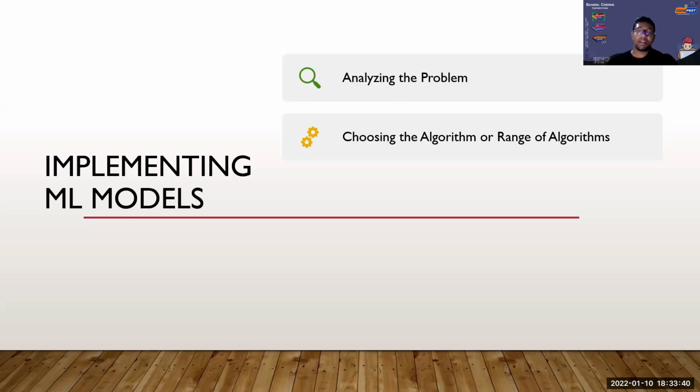But in the domain of machine learning and AI, things don't usually go as planned. So rather than focusing on a single algorithm, we usually decide on a range of algorithms, try a couple of them, and see which one works the best.